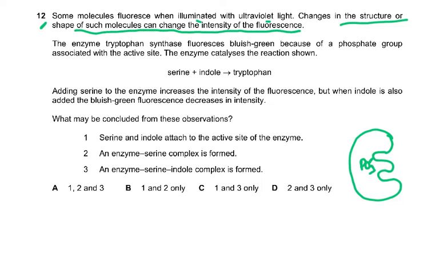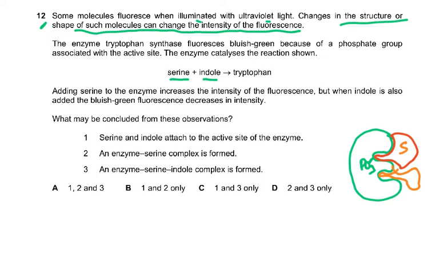The enzyme catalyzes the reaction: serine plus indole gives you tryptophan. So serine fits in here and indole fits in here, and you get tryptophan. Adding serine to the enzyme increases the intensity of the fluorescence.